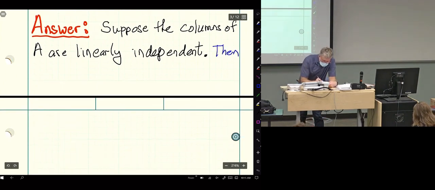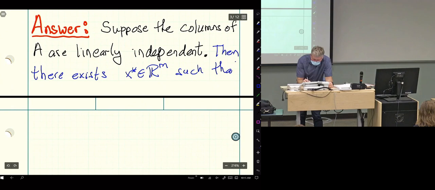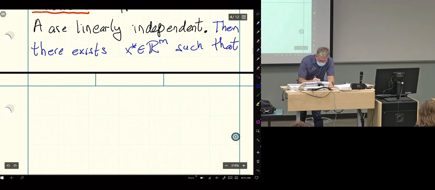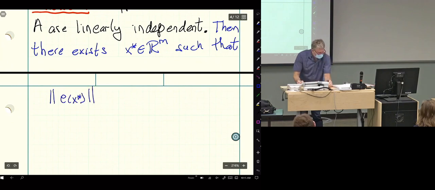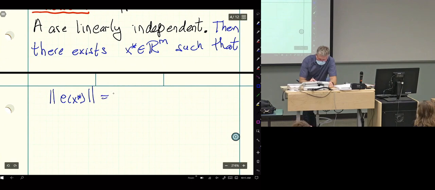Then there exists, yep, this is like a theorem, x star in R^m such that the norm of my error when I plug in x star, okay, so what is that?